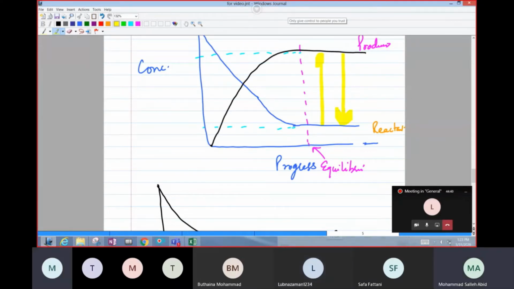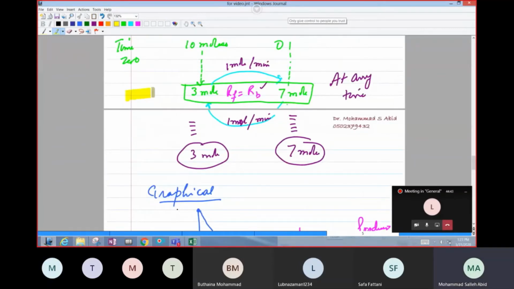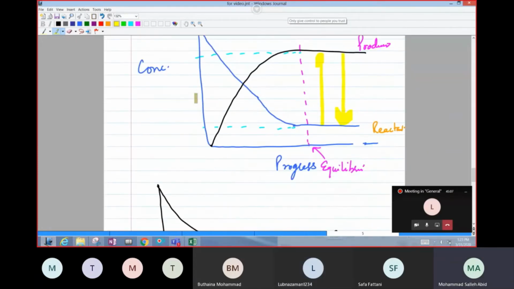Like I explained over here, there you got 3 moles and 7 moles, but then the rate became equal. Now the equilibrium was established. So because of this, there's no change in the amount. Any questions till now?